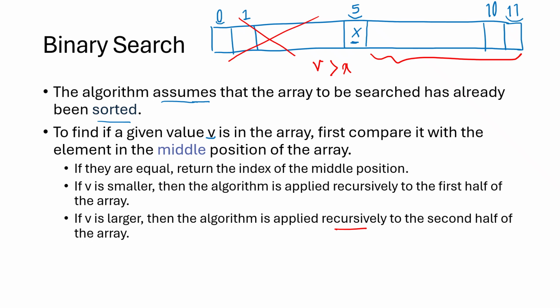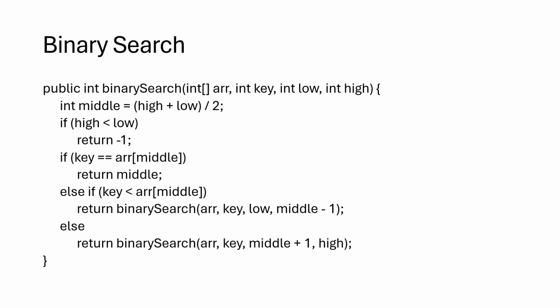So you can see that very quickly the size of the sequence becomes very small, and then the algorithm terminates. So that's binary search. Now, to be more precise, this is an implementation of binary search.